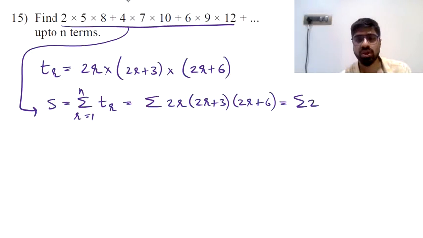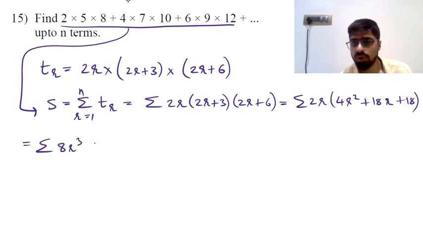This will be equal to summation of, let's expand the two brackets here, so that will give us 2r into 4r square, then 12r plus 6r, which is 18r, and in the end 3 into 6, which is equal to 18. Expand the brackets again, so that will give you 8r cube plus 36r square plus 36r.